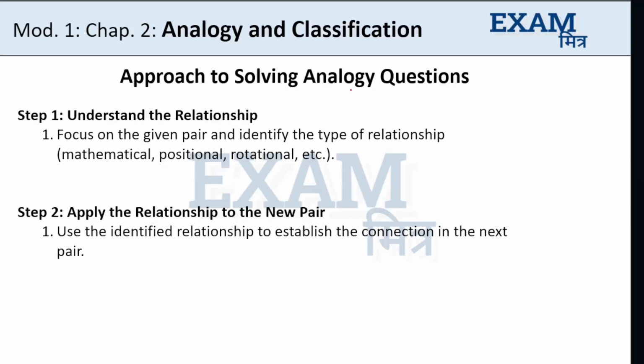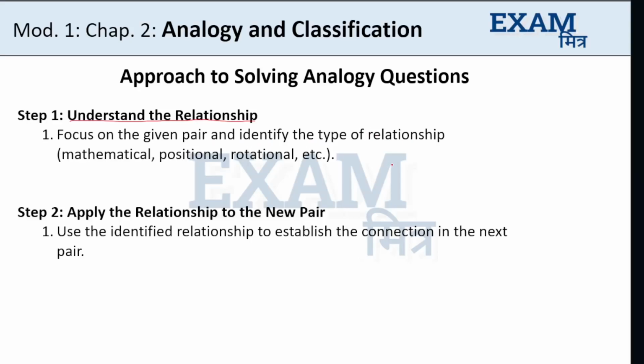Approach to solve analogy questions. The first step is to understand the relationship. If we will not be able to understand the relationship, then how will we able to find the second pair? The first step is to understand the relationship of the first pair or of the given pair. Focus on the given pair and identify the type of relationship.